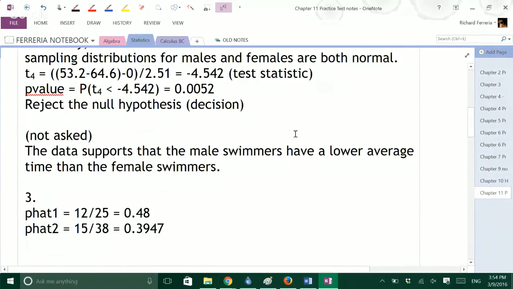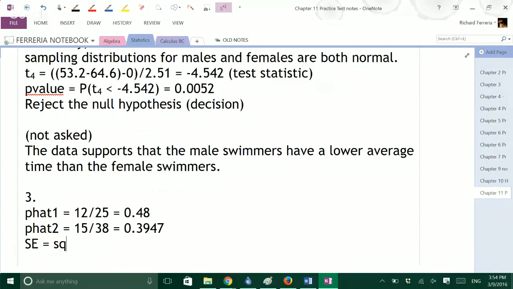Okay, so we're going to need those two if I want to find standard error. Since we are looking at a confidence interval, we're not making any assumptions that p hat 1 and p hat 2 are equal, or p1 and p2 are equal to each other.